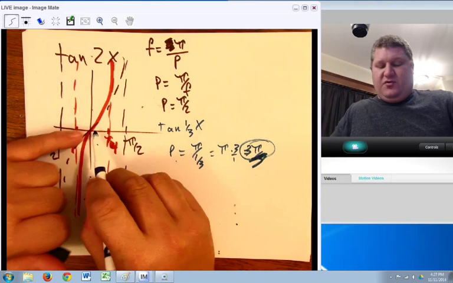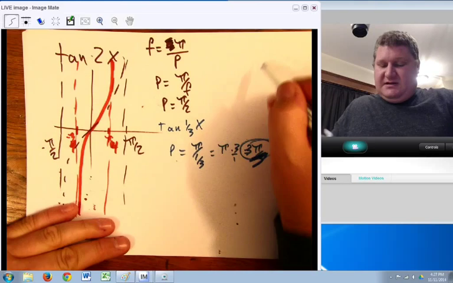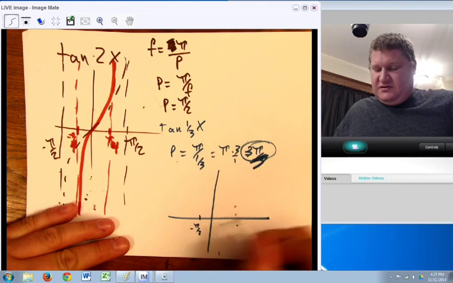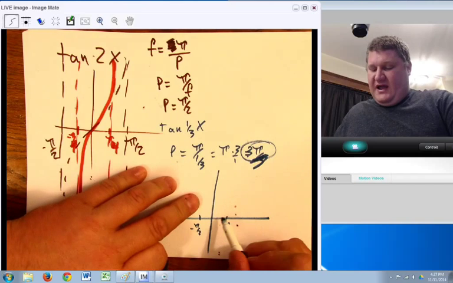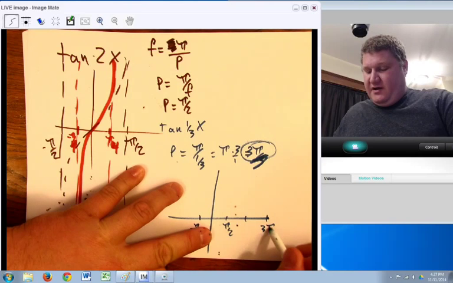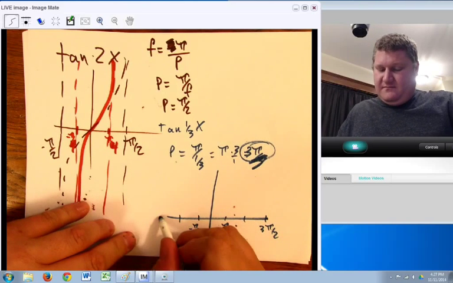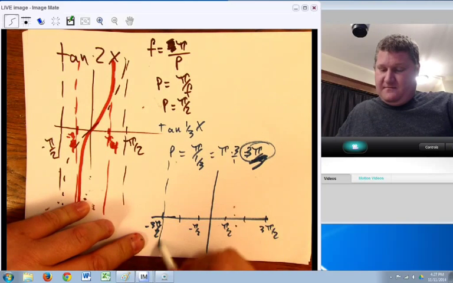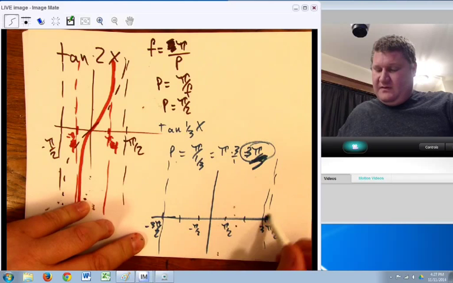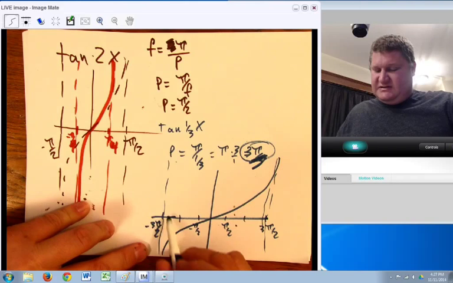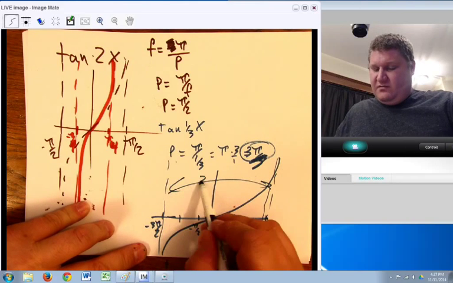So if I need to go 3 pi, that means instead of negative pi over 2, positive pi over 2, I need to go 1.5 pi's each way. So I end up with 3 pi over 2 this way, and negative 3 pi over 2 this way. And so now it gets super duper wide because it has to go a total of 3 pi.